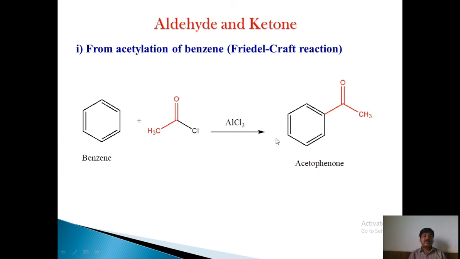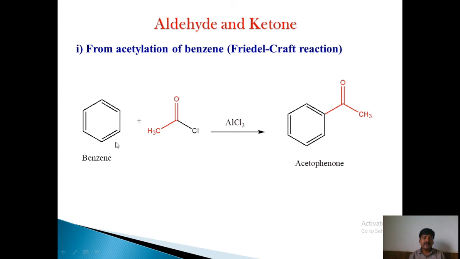Dear students, you know the Friedel-Crafts reaction has two main types, that is Friedel-Crafts alkylation and Friedel-Crafts acylation. This reaction is Friedel-Crafts acylation because of the insertion of an acyl group, that is CH3CO. So what is the Friedel-Crafts reaction?